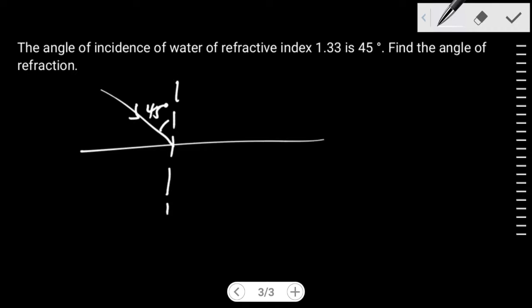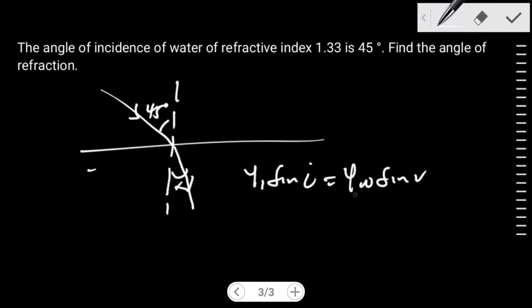So this is water, and our ray will be bent. This is our R, the angle of refraction. We know that the refractive index of air times sine of I equals the refractive index of water times sine of R, and therefore we need the angle of refraction.